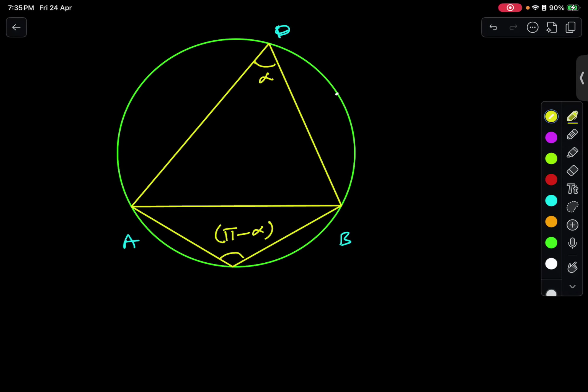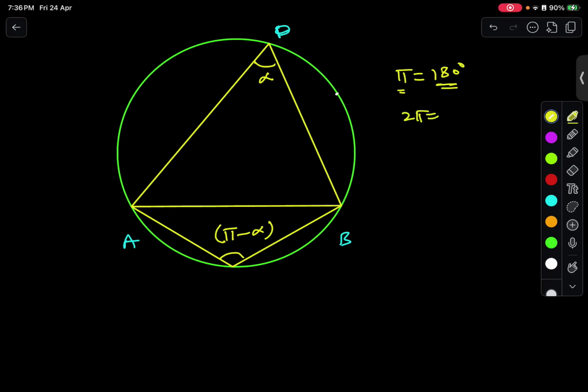These are the basic properties we have to use. So what is the value of pi in geometry? Pi is 180 degrees. Pi in radians is approximately 22 by 7, approximately 3.14, and in degrees it's 180 degrees.